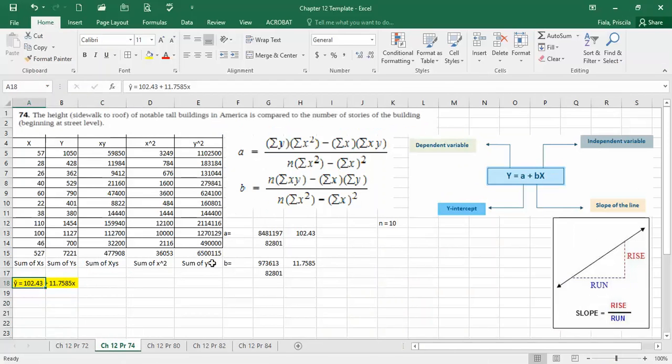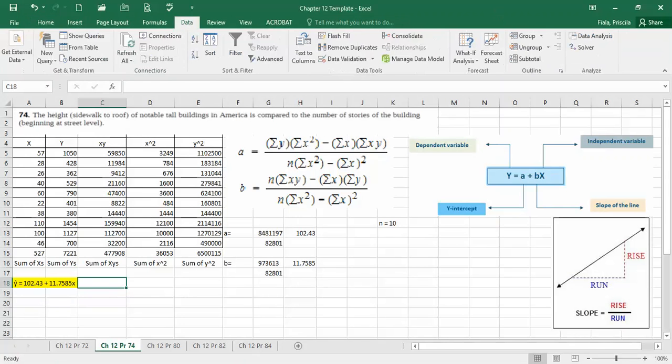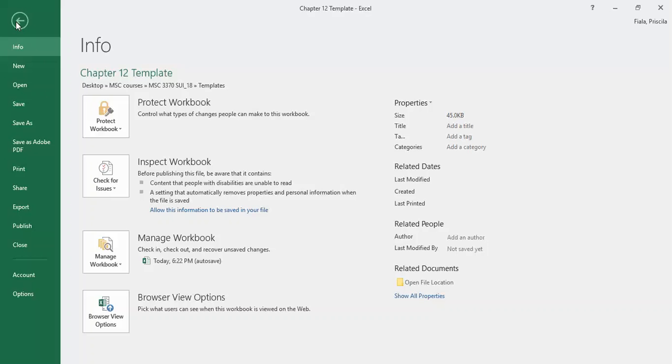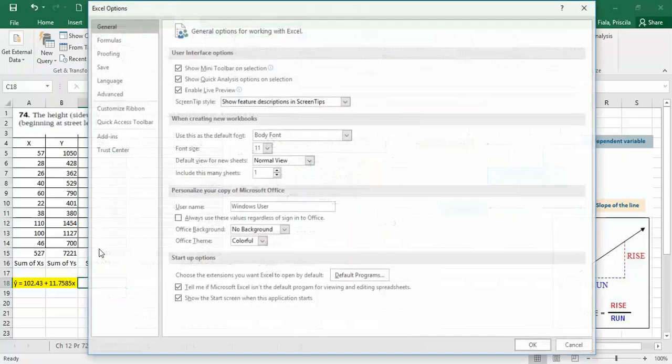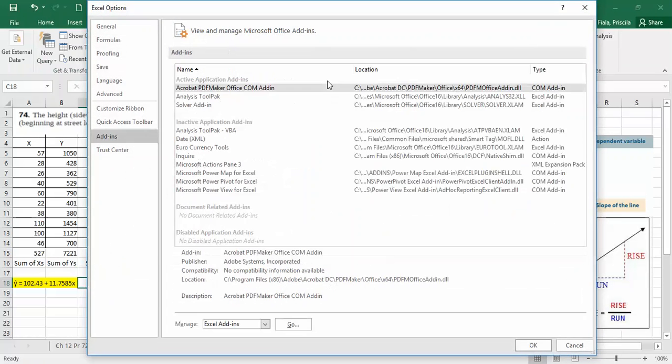Okay, now another thing you're going to need: if you do not have the data analysis on your Excel, you're going to have to install it. I provided a video on how to do that, which is basically going to File, Options, Add-ins, and right here you're gonna have the Analysis ToolPak for Excel.